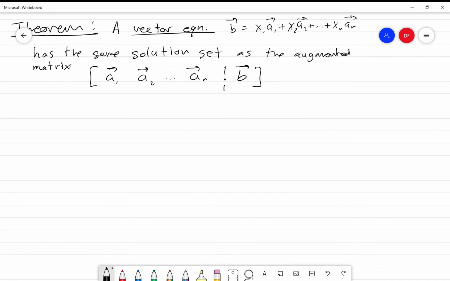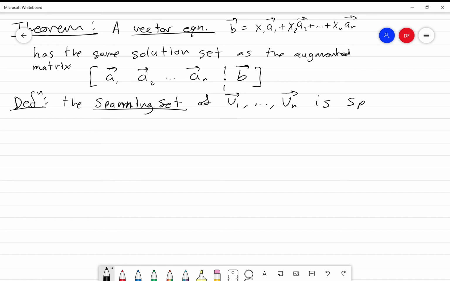Now let's define something else. The spanning set of, let's say, vectors v1 all the way to vn is represented using this notation here.